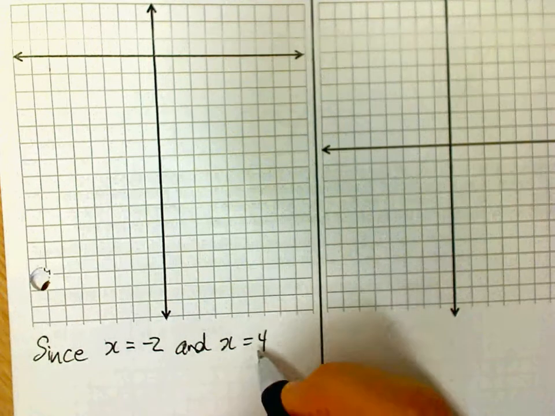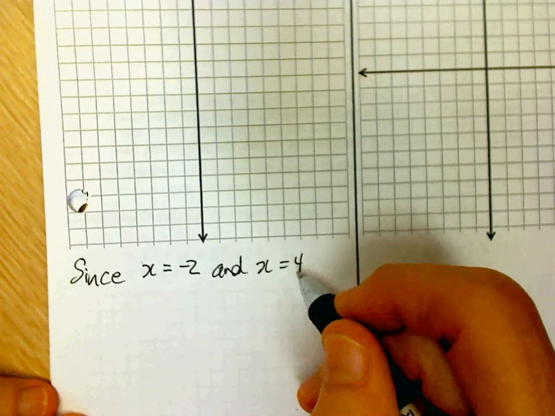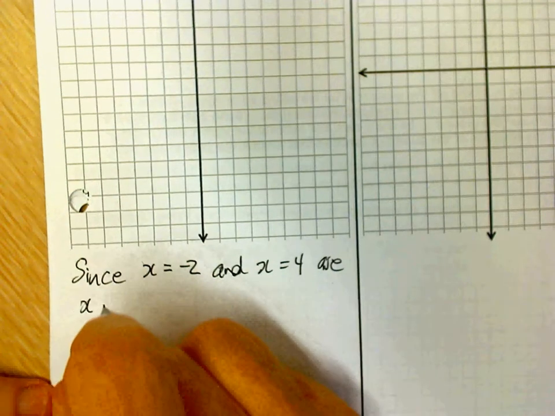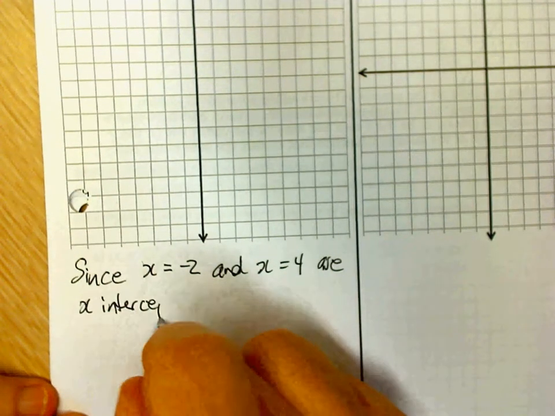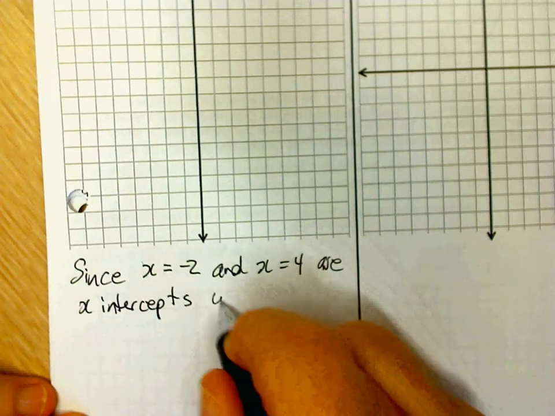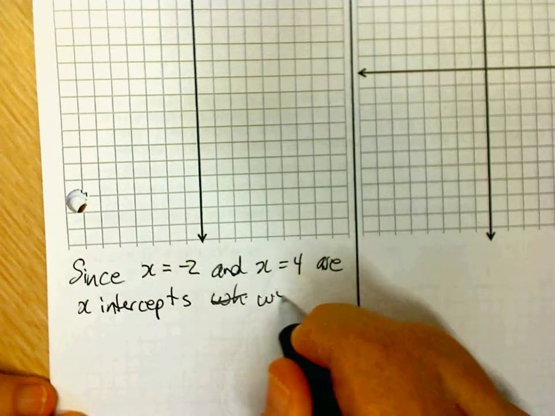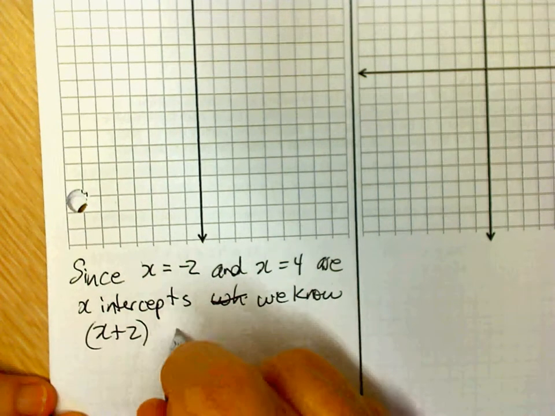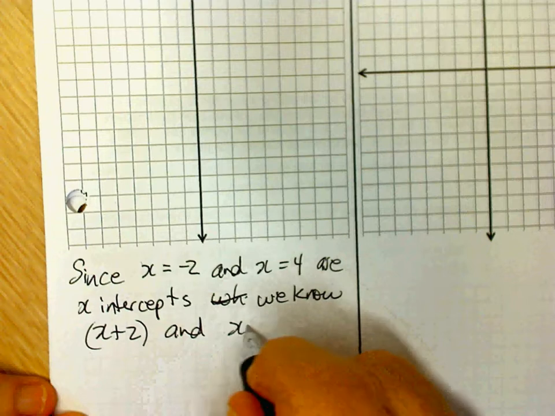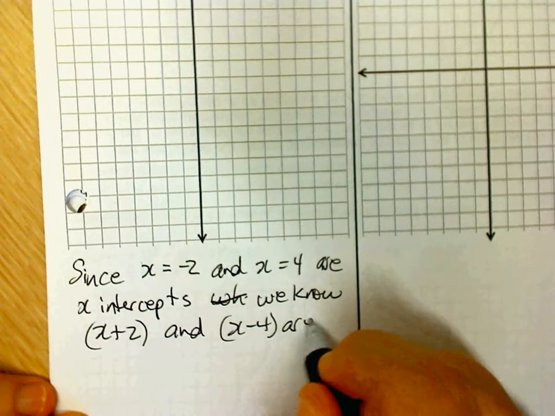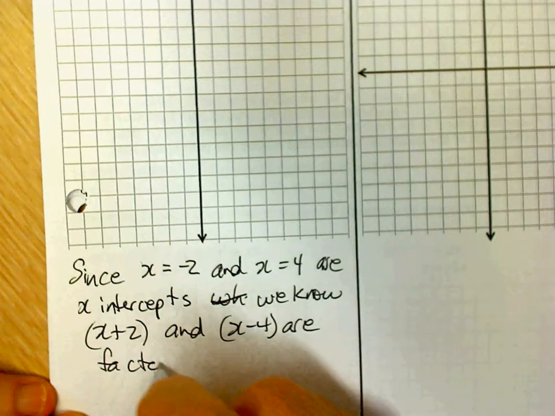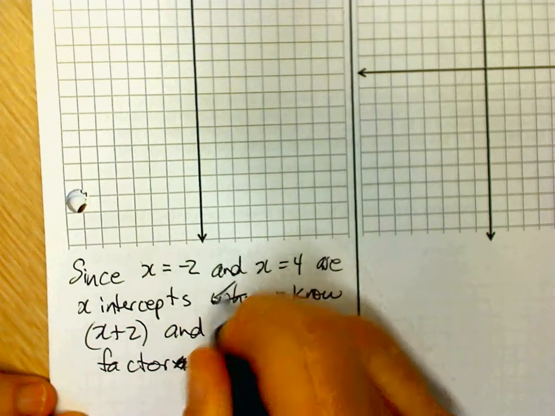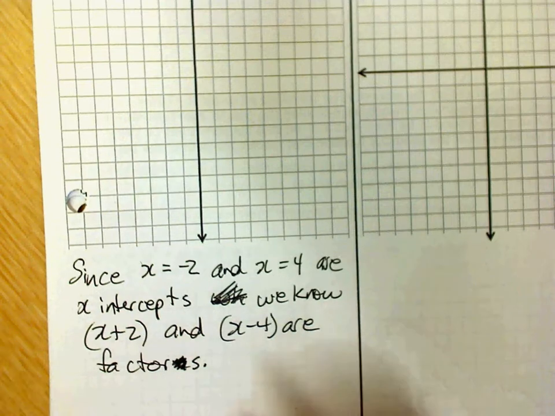Since we know these are x-intercepts, we know x plus 2 and x minus 4 are factors of your quadratic function. Just cross that out, cross that out.